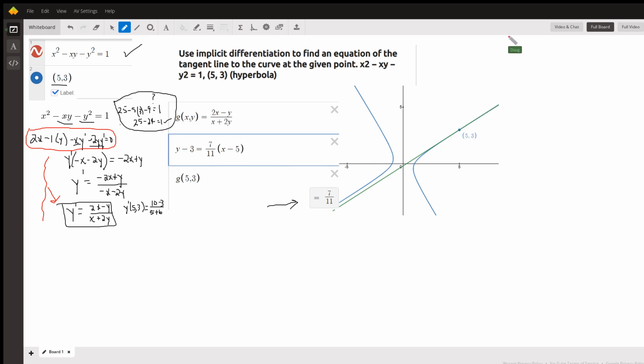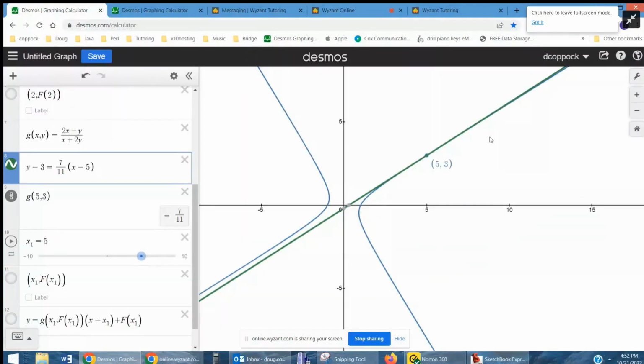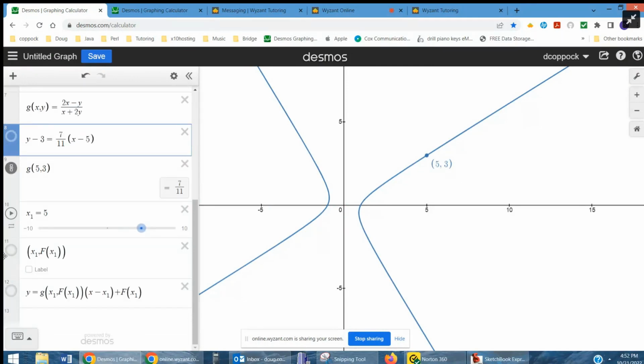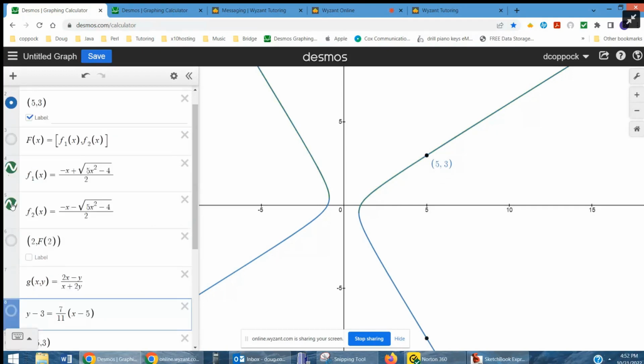And just so you can see some cool things you can do on Desmos, here is the graph of that tangent line at the point (5, 3). But here are some functions that define that same relation in terms of x.